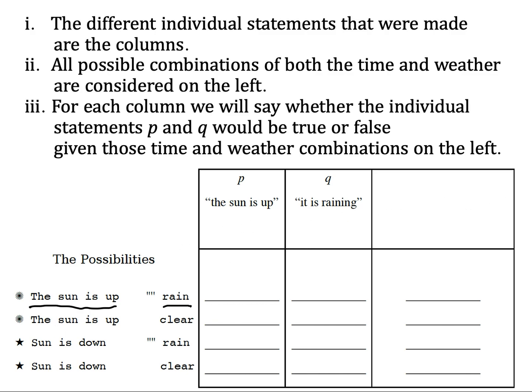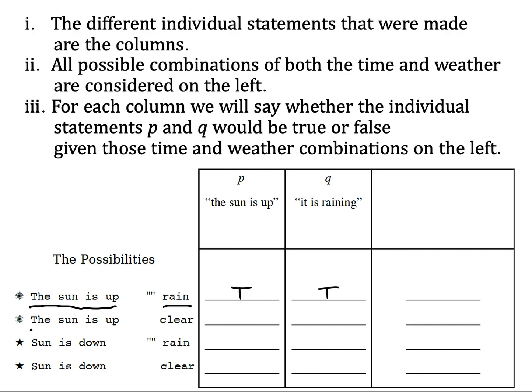Would they be telling the truth, or would it be a lie? Well, since the sun actually is up, according to the conditions on the left, if someone says the sun is up at that time, they would actually be telling the truth. And it's also raining at this time in row 1. So if somebody said it's raining, they'd be telling the truth.